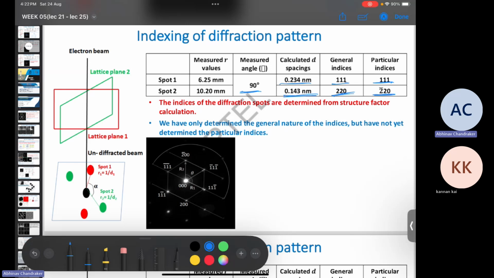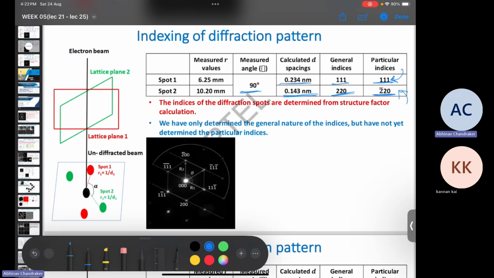We fix the indices for one of the planes, and then considering that, we can calculate for all the other planes based on the angle, because it doesn't matter which direction of the axis you consider as positive or negative.